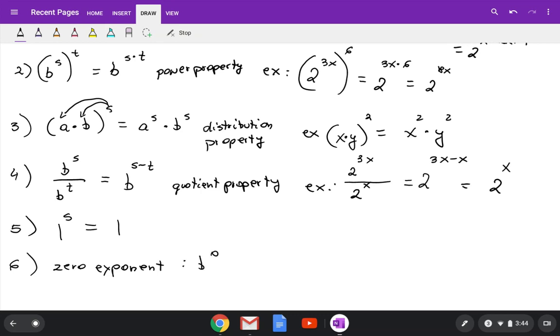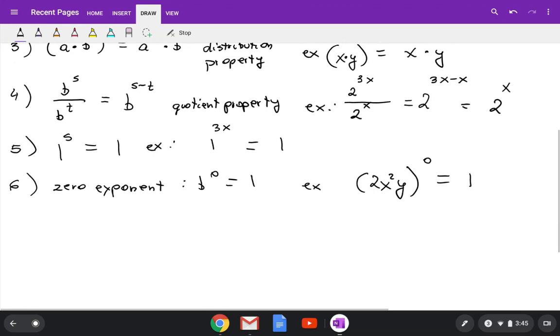Any base to the power of 0 is always equal to 1. Example of this one: 2x squared y, to the power of 0. Whatever you have in the parenthesis, when you see exponent 0, this is always equal to 1. And 1 to the power of 3x will be 1.